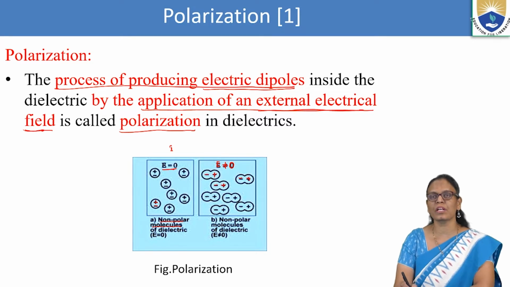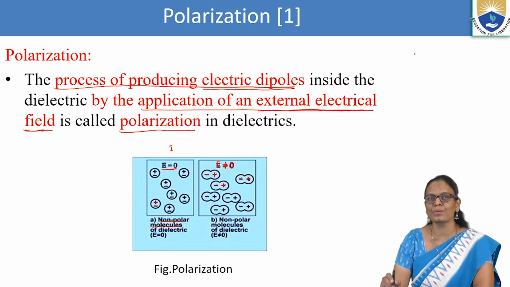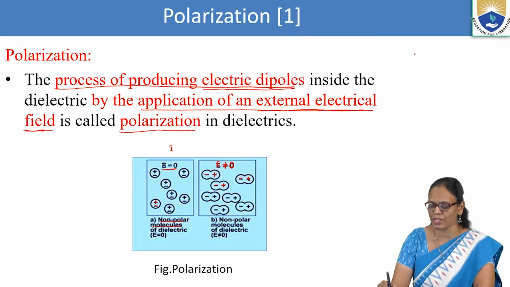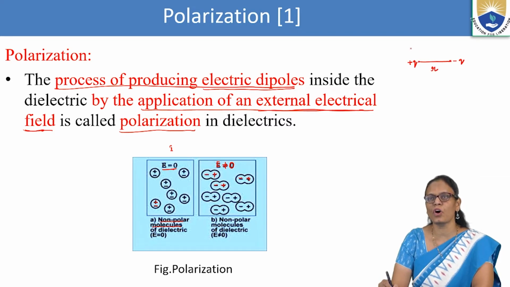So, what are electric dipoles? Electric dipoles are nothing but two equal and opposite charges. If I say this is plus Q and this is minus Q, they are separated by a distance R. This forms an electric dipole. They are equal in magnitude but opposite in charge.